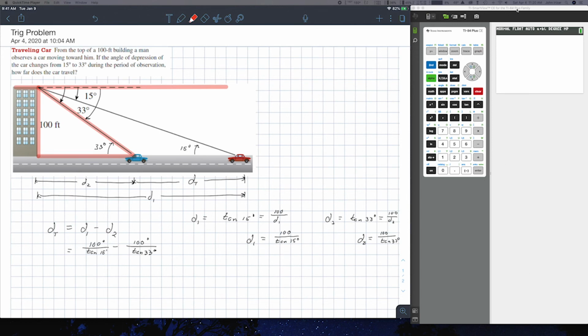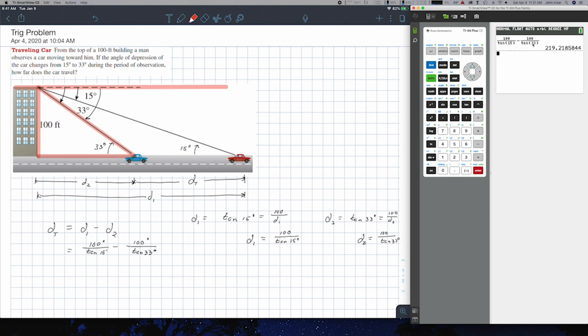So here I'm going to go to my calculator simulator. First, make sure that it is in degrees, and we will insert a fraction. So I have 100 divided by the tangent of 15 degrees, and from that I am going to subtract 100 divided by the tangent of 33 degrees.